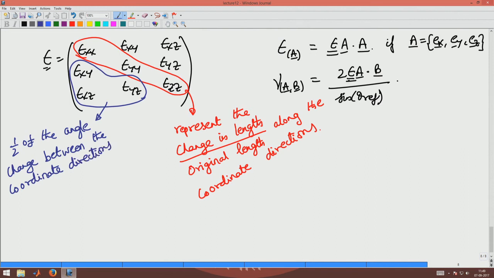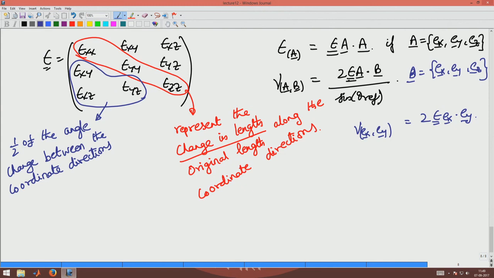The coordinate directions are mutually orthogonal, so sine of the angle is 1, and if A is Ex and B is Ey, then gamma between Ex and Ey would be 2 times epsilon Ex dot Ey.